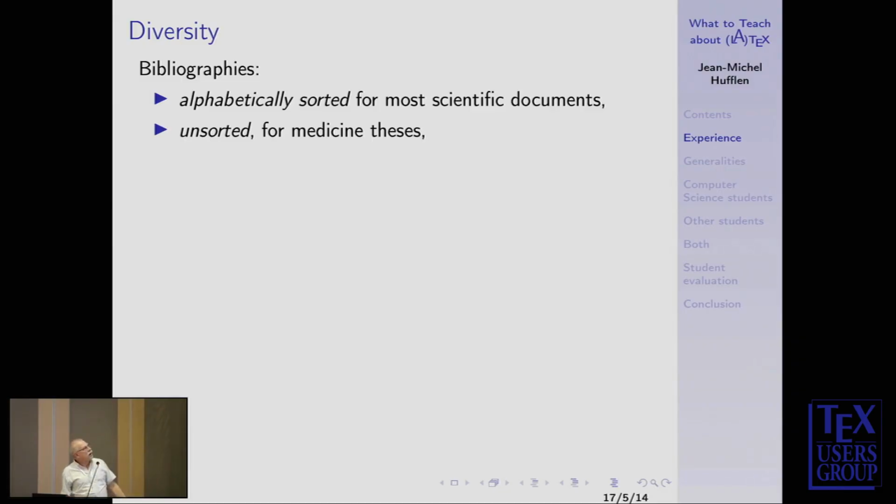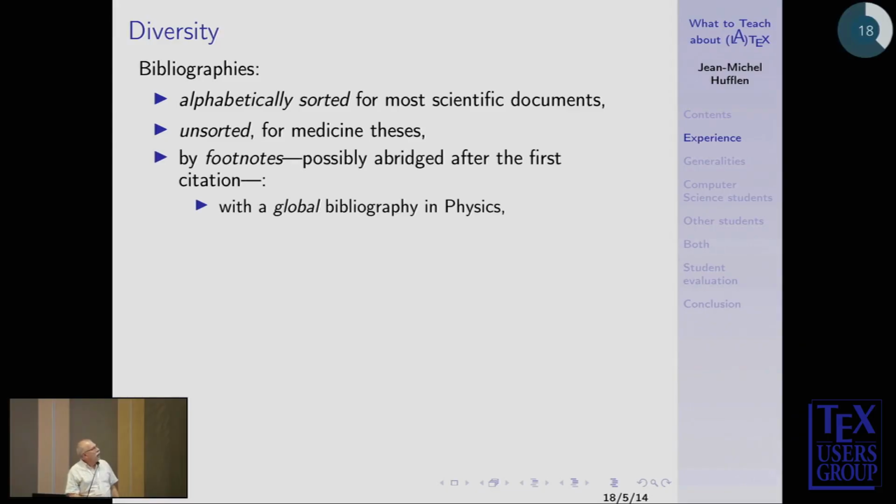So, in fact, alphabetically sorted for most scientific documents, that is mathematics, chemistry, computer science, biology, physiology. But for physics, the references are given as footnotes in the chapters.